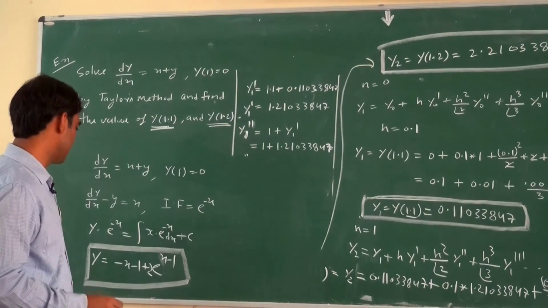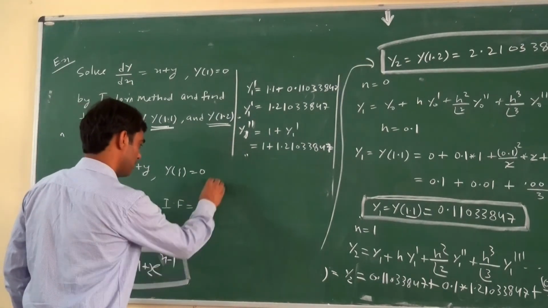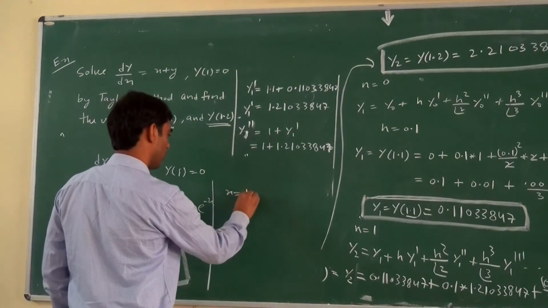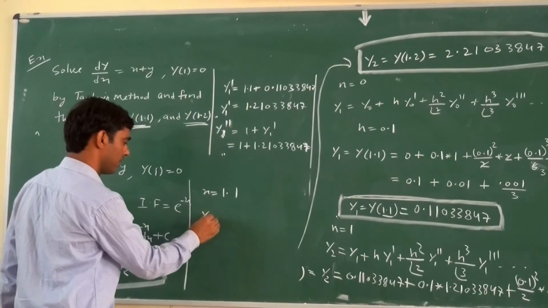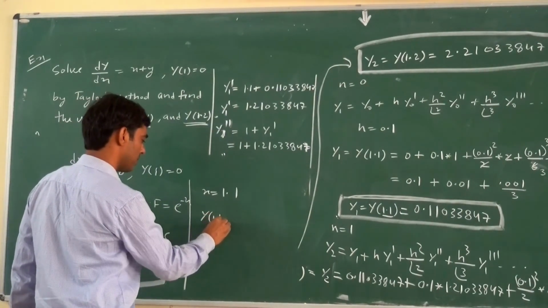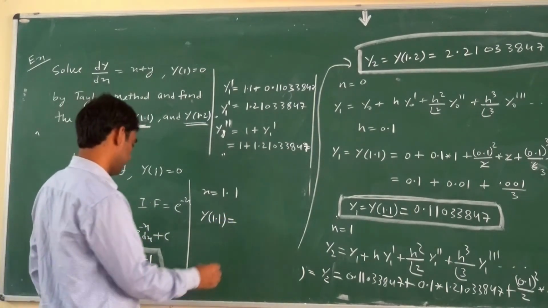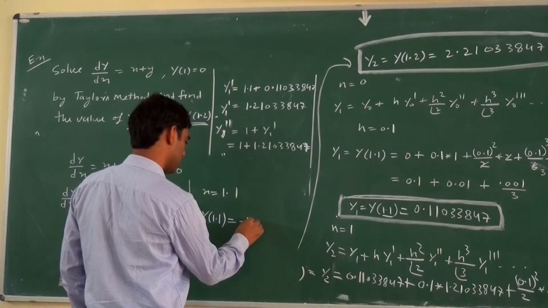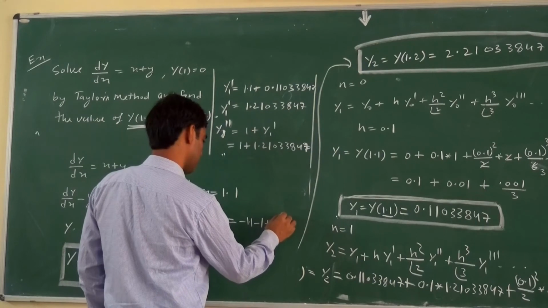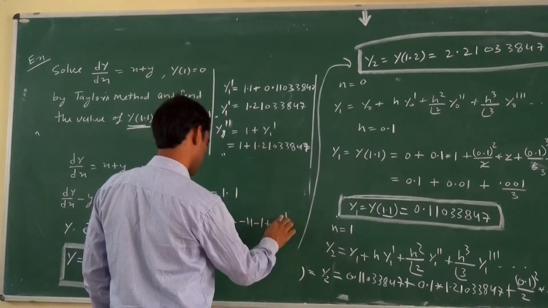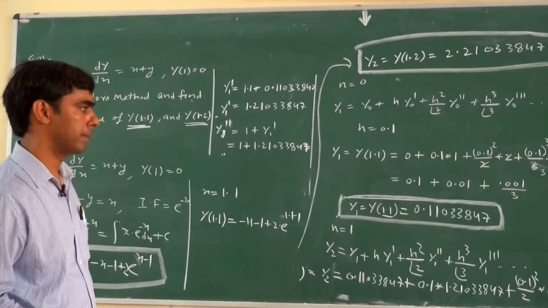So if you put x equal to 1.1 in the actual solution, we find y1.1 equals minus 1.1 minus 1 plus 2 into e to power 0.1, since 1.1 minus 1 is 0.1.